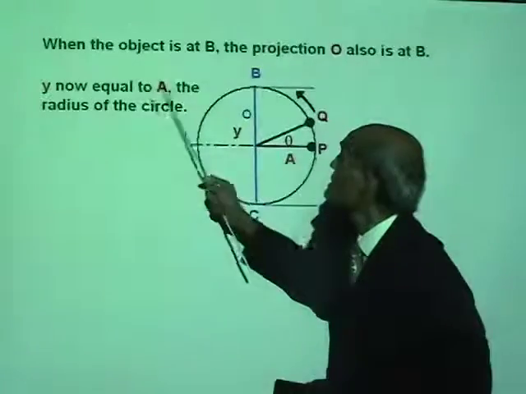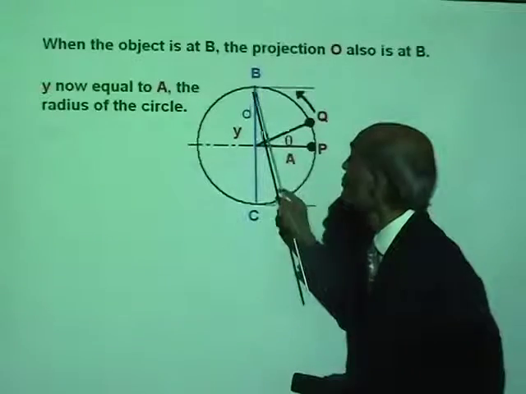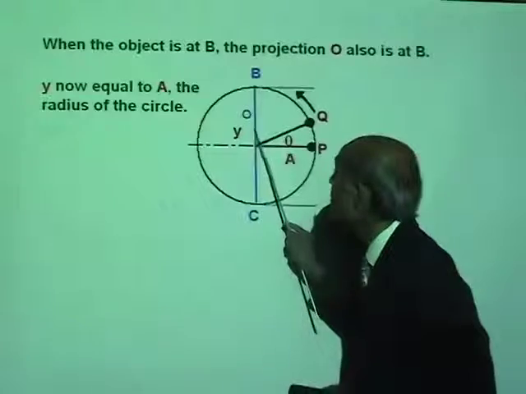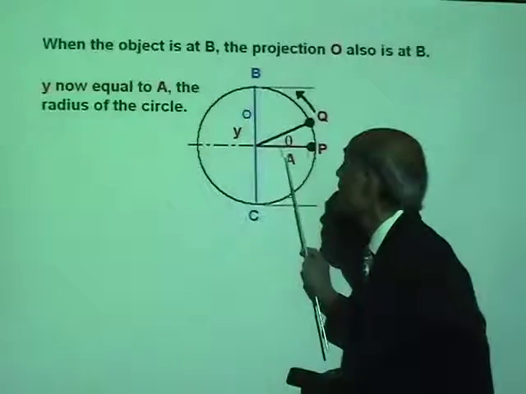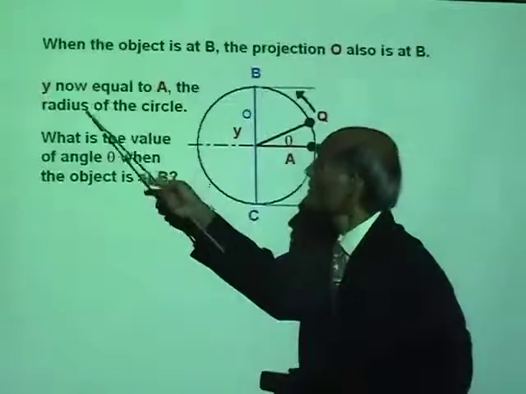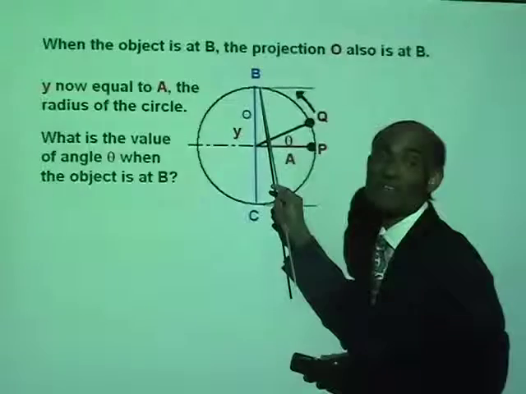Well, Y is now equal to A, the radius of the circle. You see, when the projection is there, this will be the value of Y, which is the same as the radius of the circle.